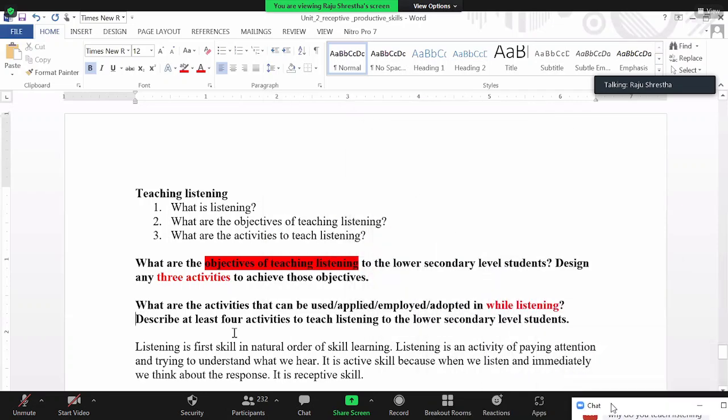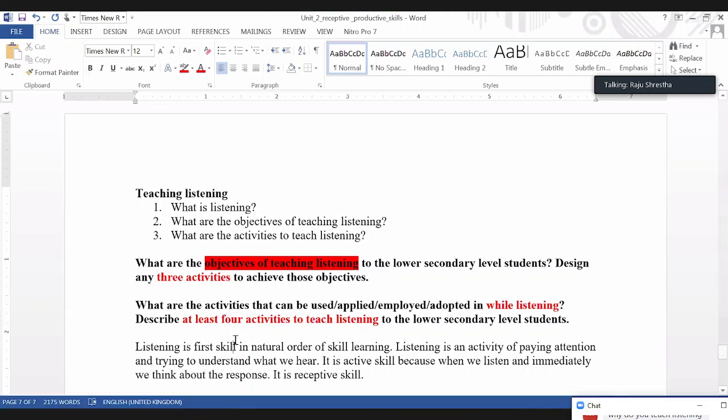And here describe at least 4 activities to teach listening. हो यहाँ चाहिँ at least 4 activities to teach listening भन्ने बित्तिकै this is general. Pre while post तिनटैको कुरा गर्न सक्यो यसमा चाहिँ. Pre 2 while 2 post 1 अथवा pre 2 while 1 post 1. In this way we can talk, but in the first while listening stage, this is while listening means this is the while listening stage.